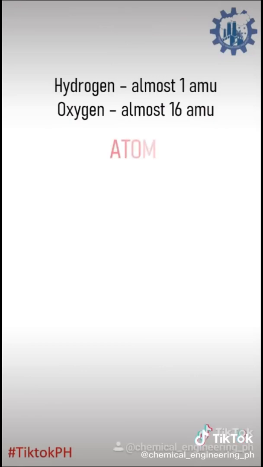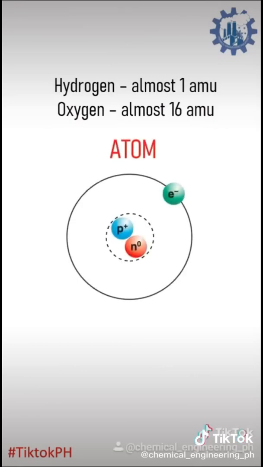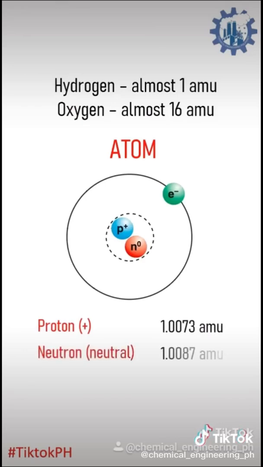In order to determine the atomic weight, we need to learn the weight of each subatomic particle composing an atom. The positively charged proton is equal to 1.0073 AMU, neutron is equal to 1.0087 AMU, and the negatively charged electron is equal to 0.00055 AMU. Take note that the weight of the electron is much smaller compared to proton and neutron.